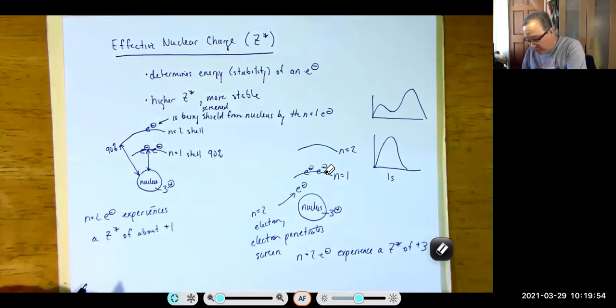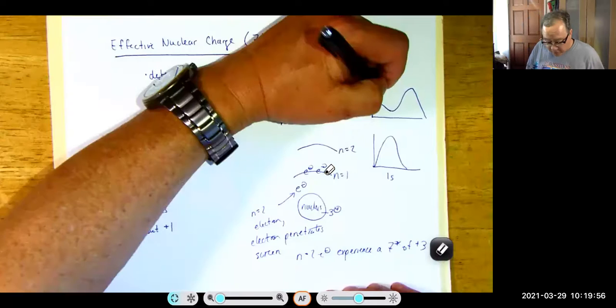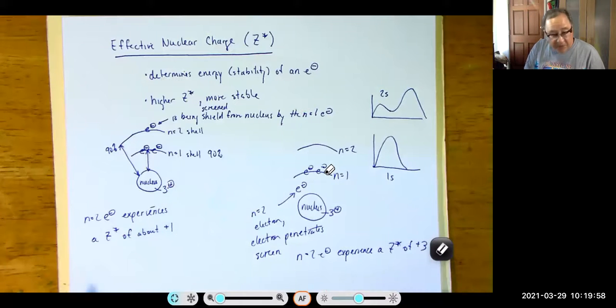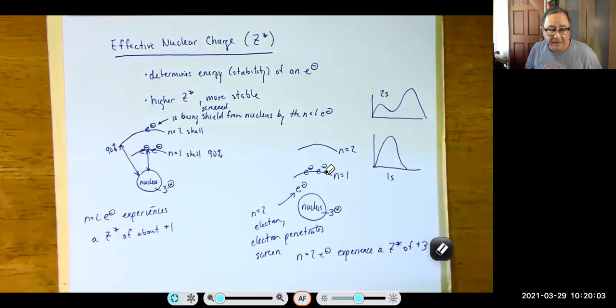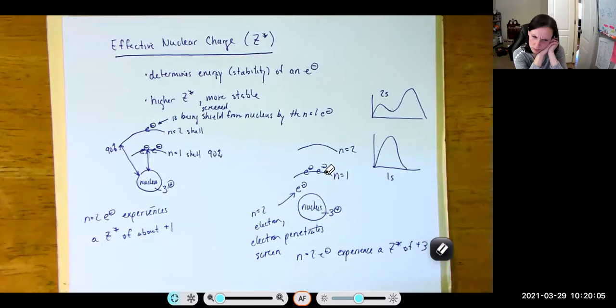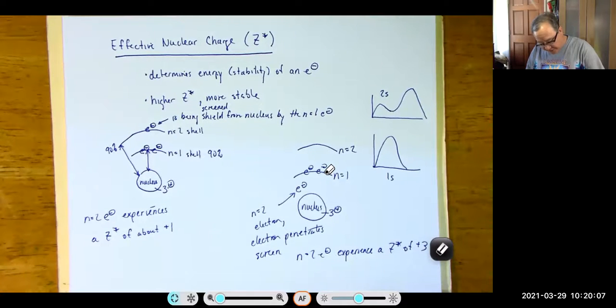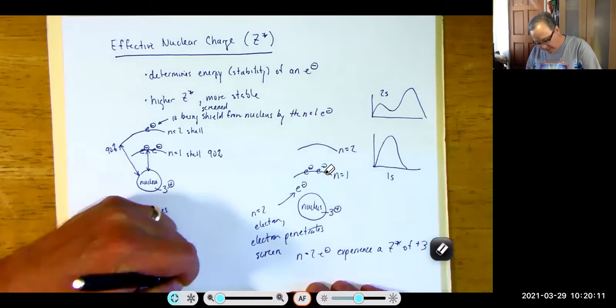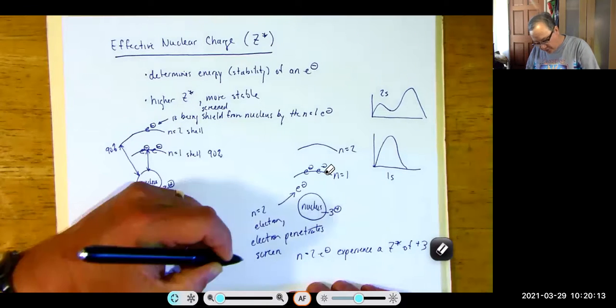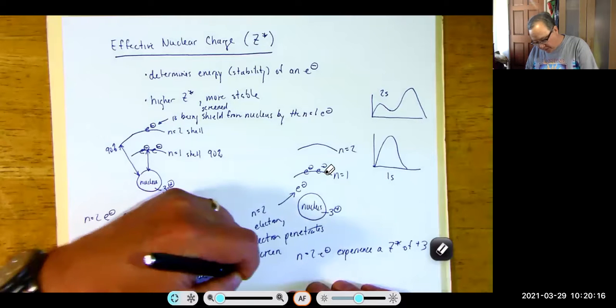So where does that electron spend most of its time, with a +1 or a +3? +1. So here the average Z star will be closer to +1.